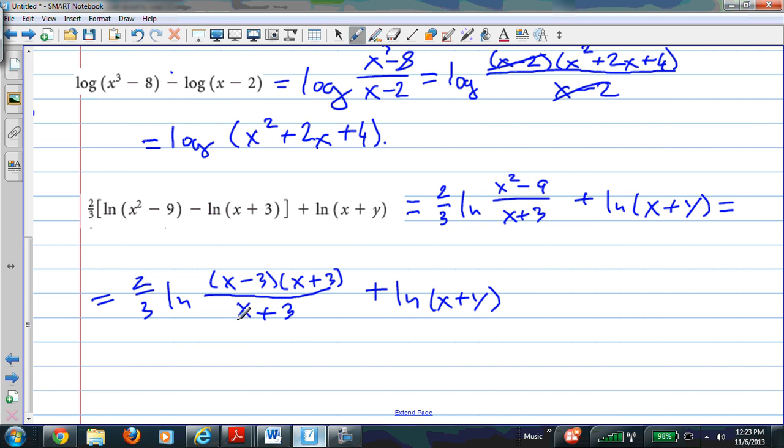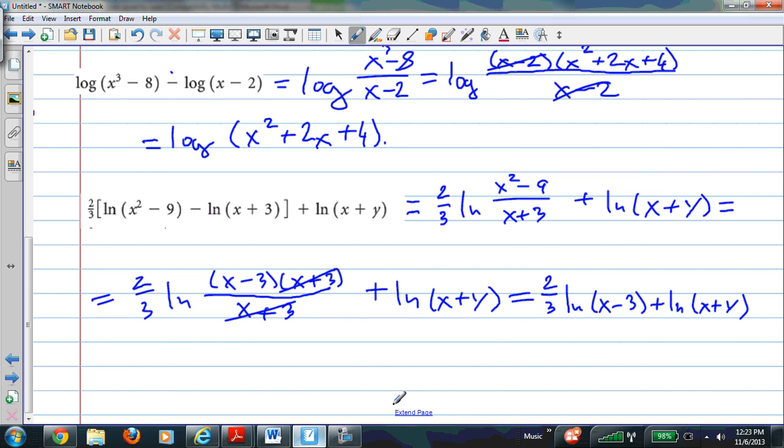So I can reduce this fraction by x plus 3. Okay, I forgot my constant. There's still 2/3 in front, so it's 2/3 natural log of x minus 3 plus natural log of x plus y.